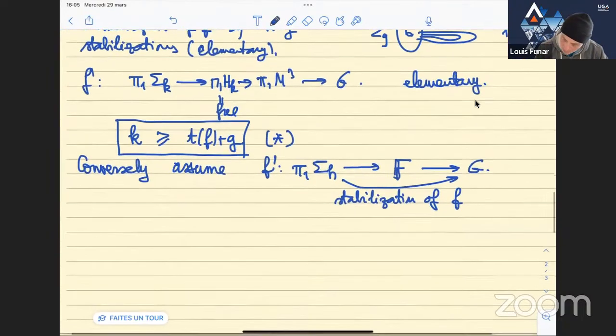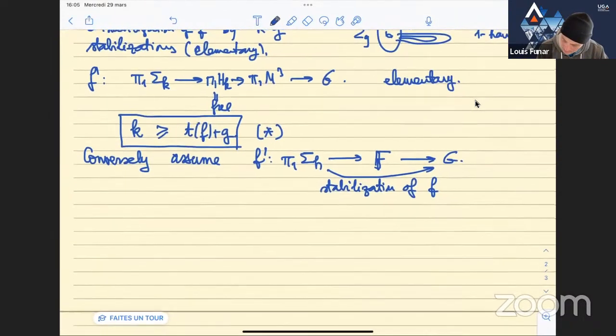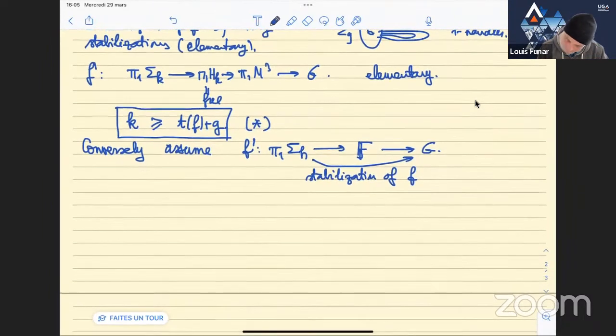Then we're going to use something which is well known. Let me formulate it as a lemma, which I don't want to prove. This lemma was very well known in the 60s and then rediscovered several times.